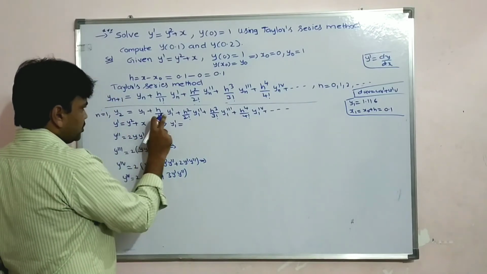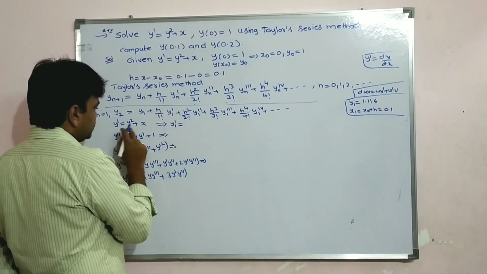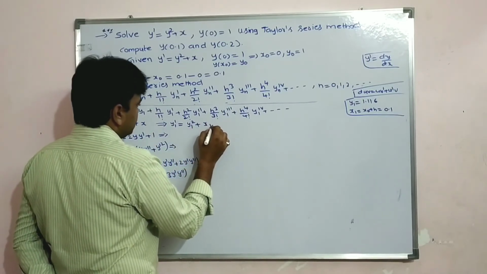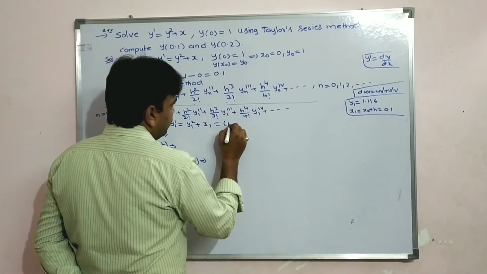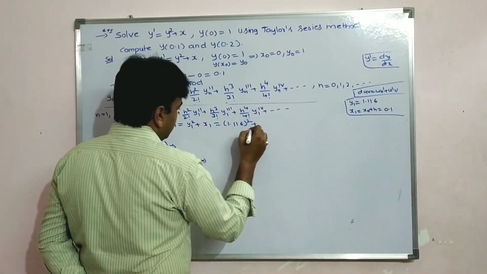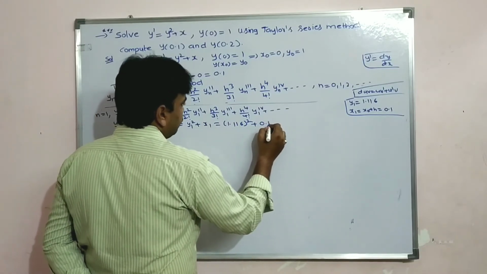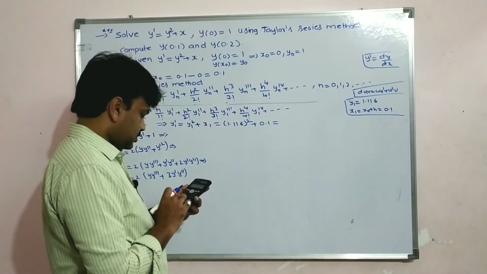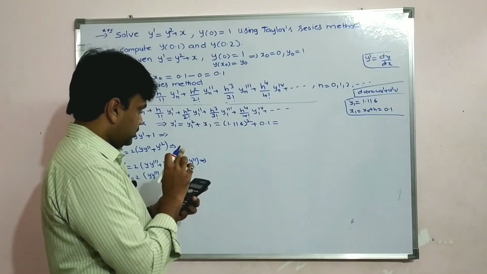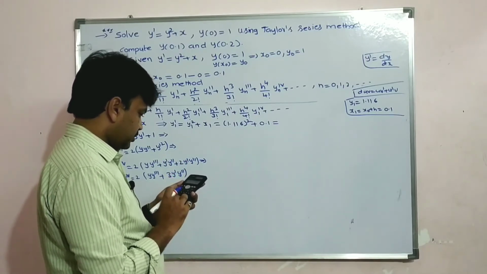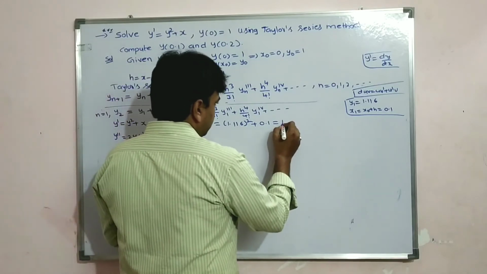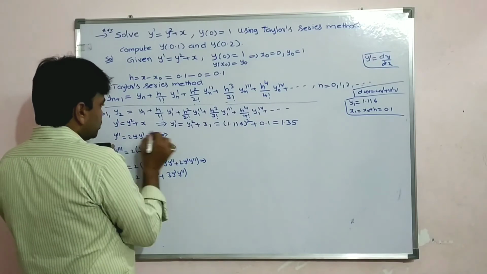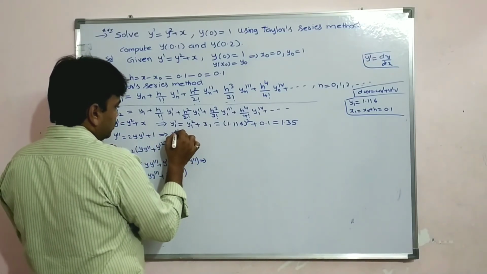So y1 dash students, I want to find y1 dash, so y1 dash that is equal to, come on tell me students, y1 square plus x1 that is equal to y1 square students 1.116 whole square plus x1 0.1 that is equal to 1.116 square, that means we get square 1.116 square plus 0.1 that is equal to 1.35. What students? 1.35.